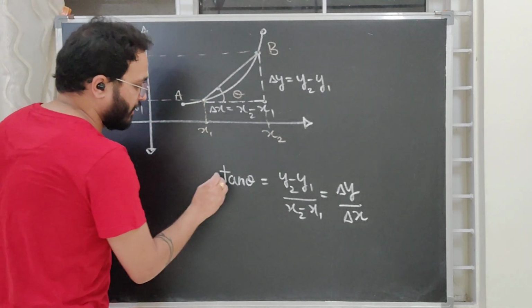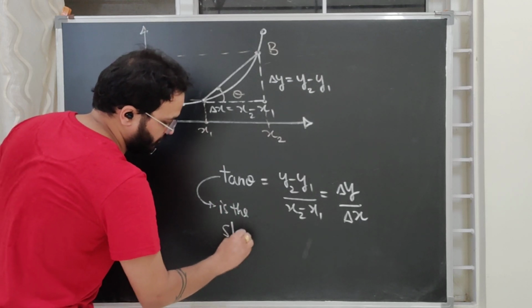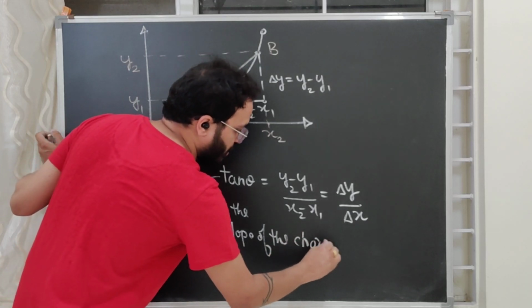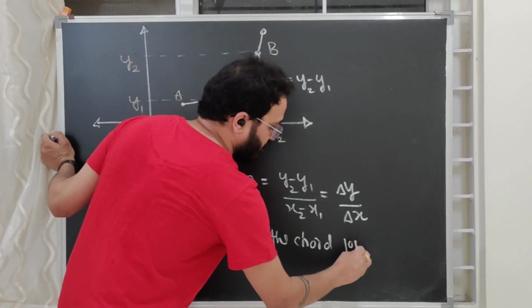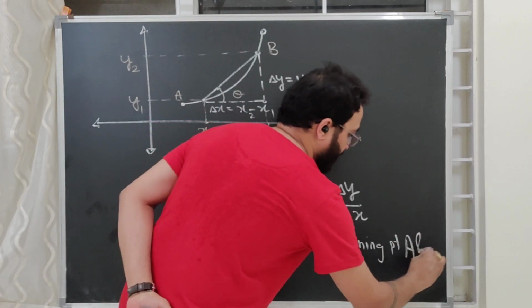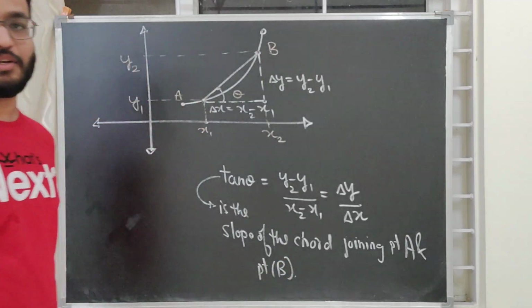Tan theta is the slope of the chord joining point A and point B. Are you understanding?